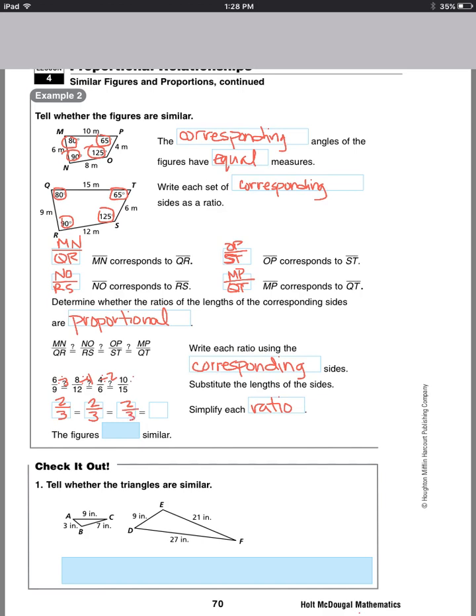And 10/15 we can divide by 5 and get 2/3. Now, because those are all the same exact ratio, the figures are similar. If they were not all reducing to the same number, they would not be similar. So do your one check it out problem and then get started with your lesson.